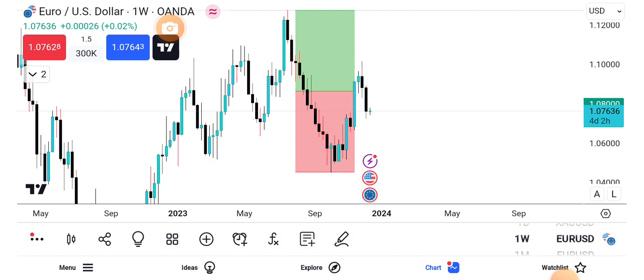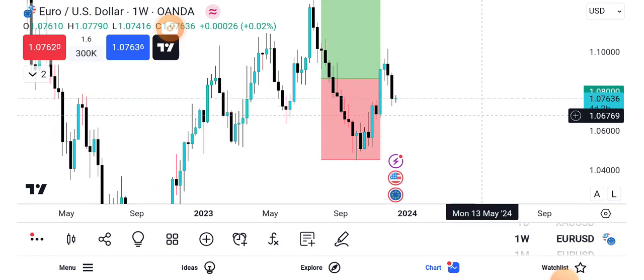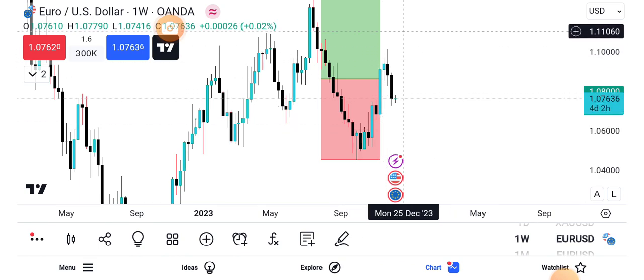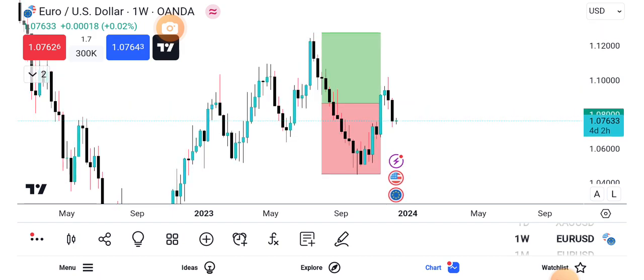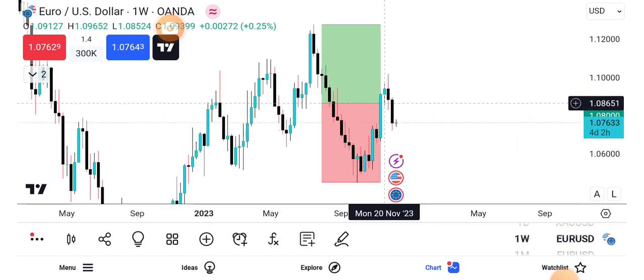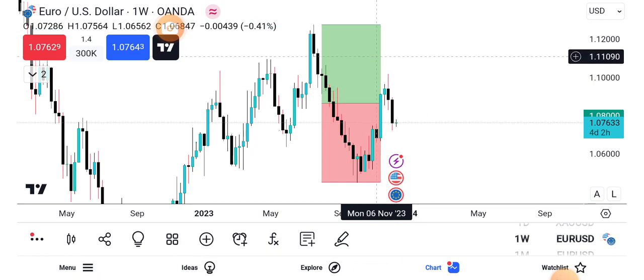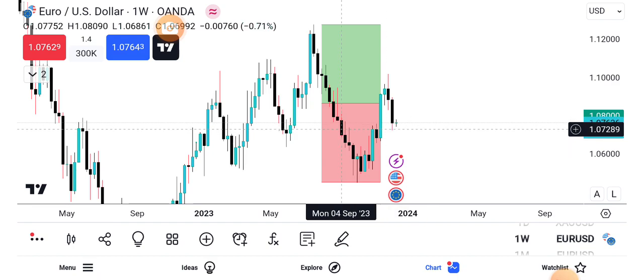But since I'm a seller and I want to make my profits, I will wait until prices are higher. And when are prices higher? Prices are higher in premium levels. So above the 50 zone is what we call the premium, when prices are expensive, and below the 50 level is what we call the discount, where prices are cheaper.